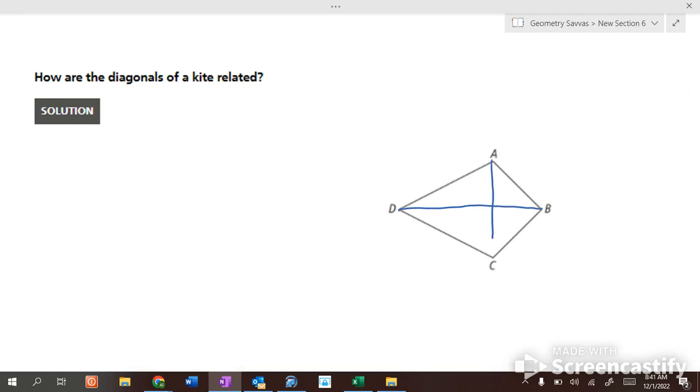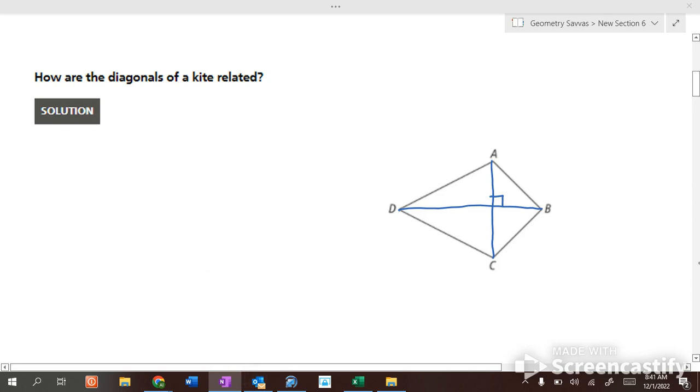Okay? So, how are the diagonals of a kite related? What's one thing we learned up above about diagonals of a kite? They are always, the diagonals. The diagonals are what to each other? Perpendicular. They form a right angle. Also, which one bisects the other one?